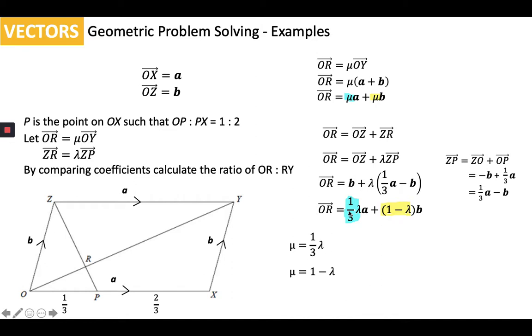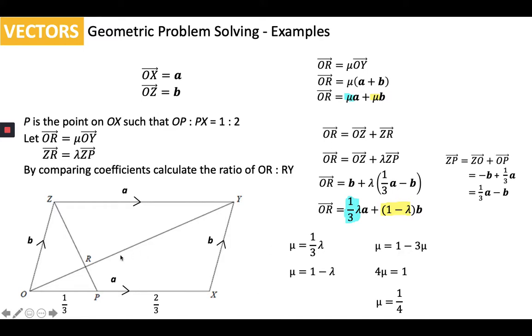So I'm going to take my first equation and rearrange it. So that means lambda is 3 mu. And then I've substituted it into this equation. So mu equals 1 minus 3 mu. This 3 mu has come from this equation here. I can rearrange this to get 4 mu equals 1, and then I can get 1 quarter.